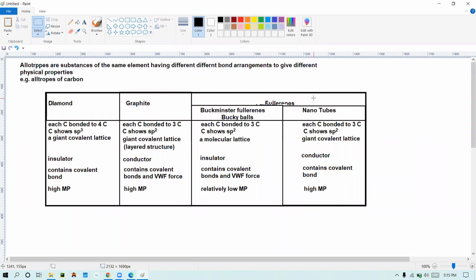So this is a final table of comparison of properties of diamond, graphite, and fullerenes, which are of course allotropes of carbon.